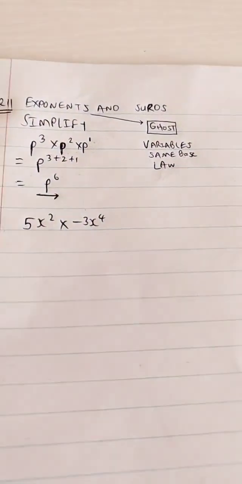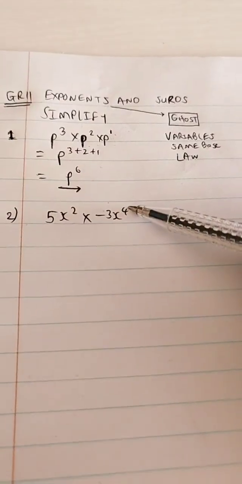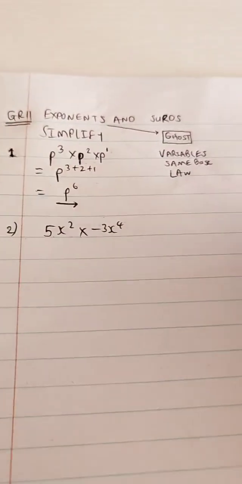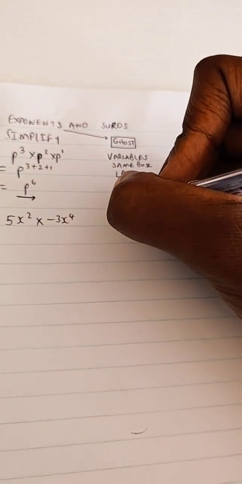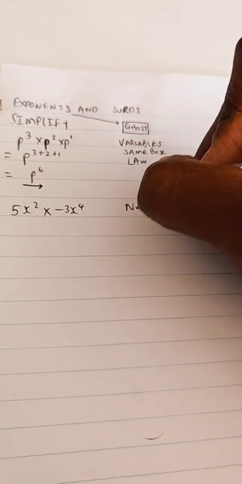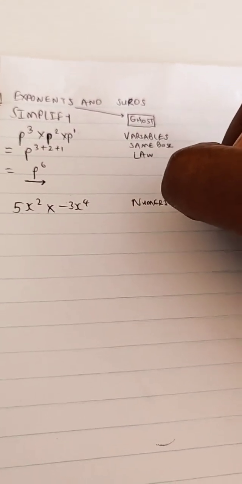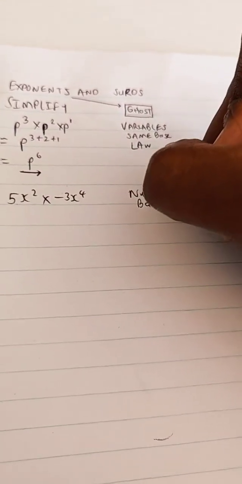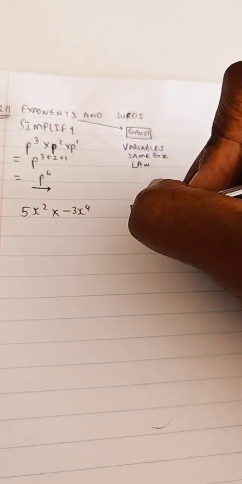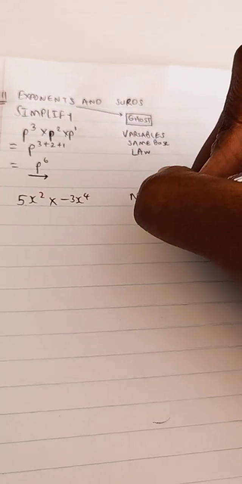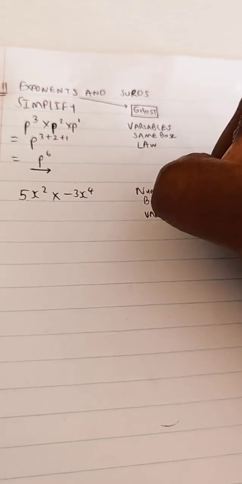P to the power, we use law number 1. Law number 1 says when we have the same bases, we keep the base, we add the exponent. So now we are here. Here, we don't only have variable bases, but we have also numerical bases. We have numerical bases with variable bases.